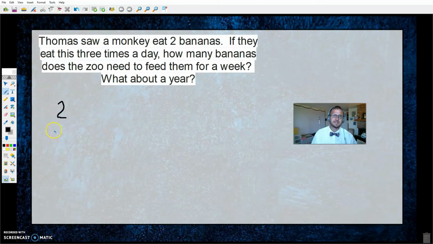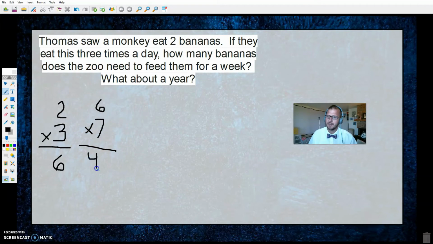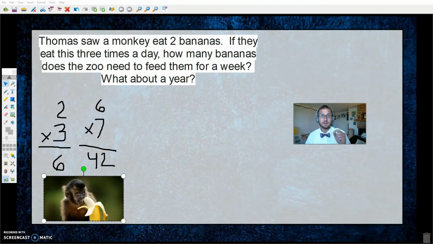If they eat this 3 times a day, that means they eat 6 bananas a day. How many bananas does the zoo need to feed them for a week? So we're then going to do that 6 multiply 7, which will tell us they feed the monkeys 42 bananas in a week. I don't know about you, but I like bananas, so I think that's one lucky monkey.